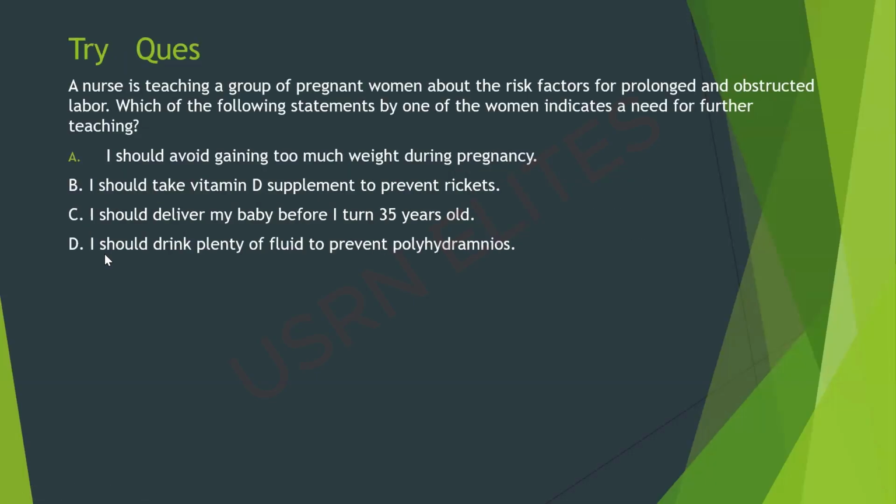Because when you say, I should drink plenty of fluid to prevent polyhydramnios, you think drinking plenty of fluid will prevent polyhydramnios? And polyhydramnios, is it going to cause prolonged or obstructed labor? All right, I hope it's understandable, right?